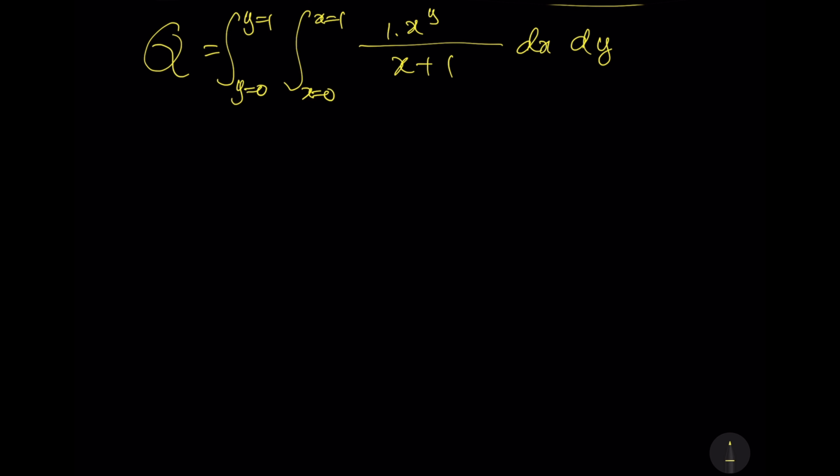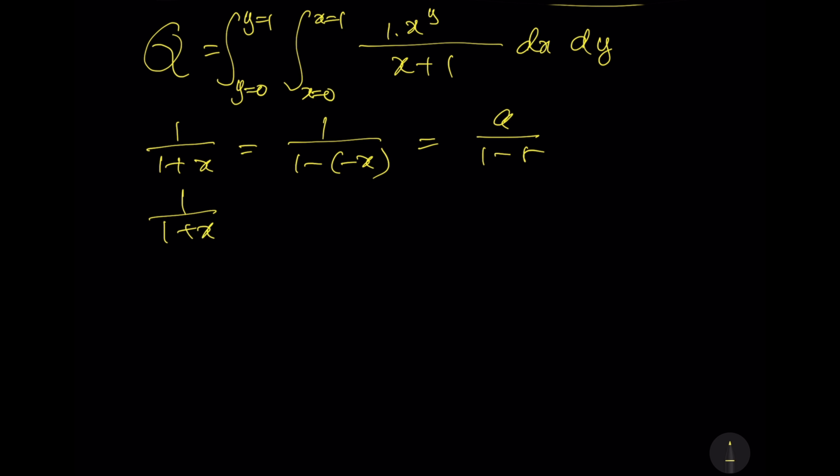Consider part of the integrand, 1 divided by 1 plus x. It can be rewritten as 1 divided by 1 minus negative x, which equals a divided by 1 minus r, where a is the first term of a geometric series, equal to 1 in this case, while r is the common ratio, which is negative x. From the integration bound, we notice that x is between 0 and 1, which fulfills the condition of a geometric series.